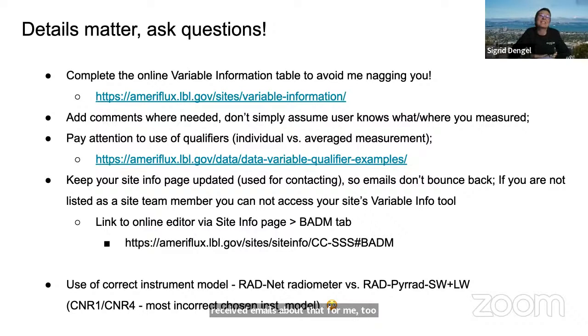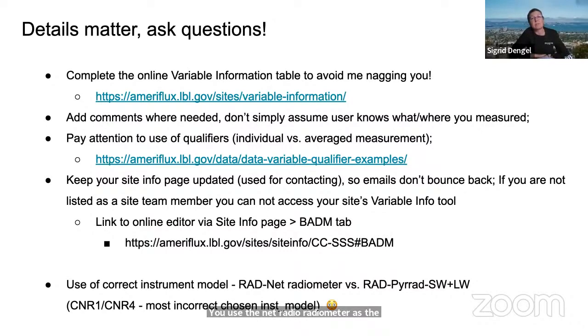And just one last thing. From working with many sites, I realized that the most common mistake people make, as I've also just spotted on Tomer's page in his variable information table, is the use of the correct radiometer in the instrument model table. Many people actually use a 4-component radiometer like the CNR1 or CNR4, and they use the net radiometer as the instrument model.